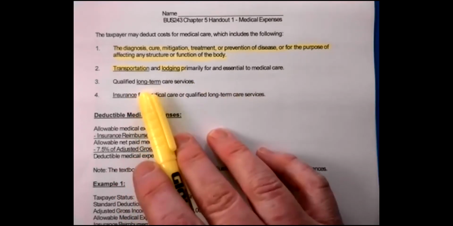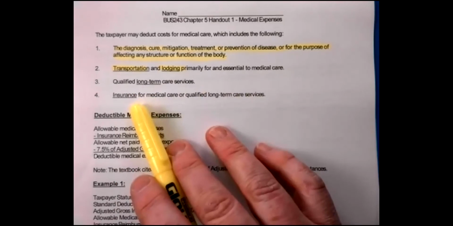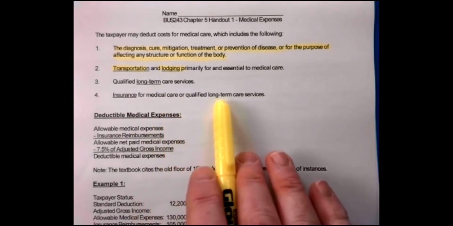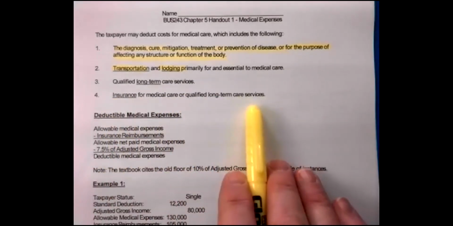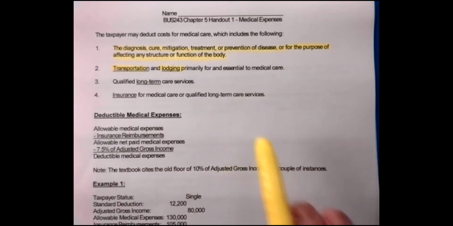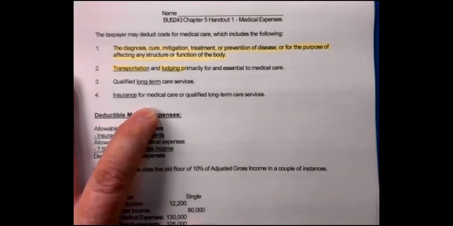But anyway, the long-term care can be written off, and the insurance for the care. If you're paying it out of your pocket and it's not reimbursed, the insurance itself is allowed. So if you're paying insurance premiums of, say, $800 a month, that $800 a month premium may be deductible.